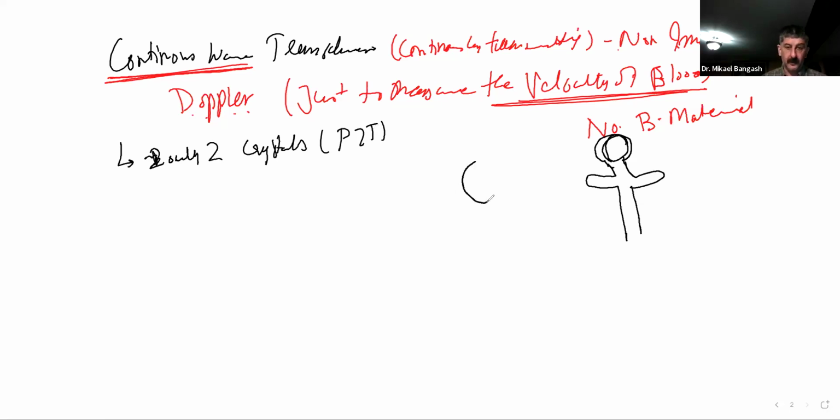If we look at its footprint, it's going to have one of the two PZTs, like this.